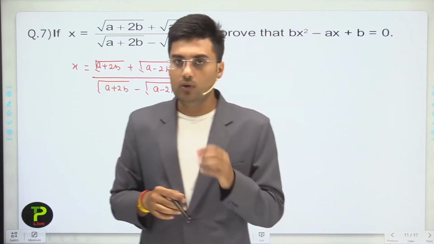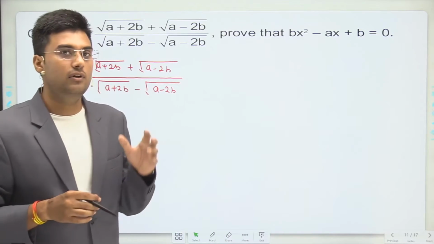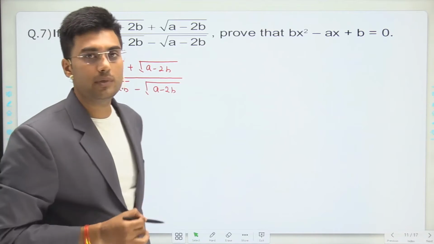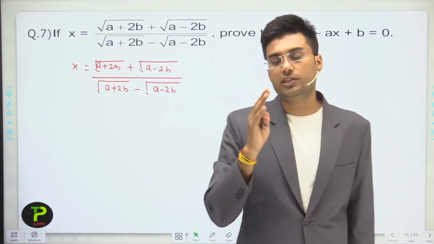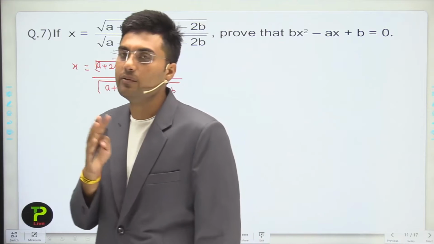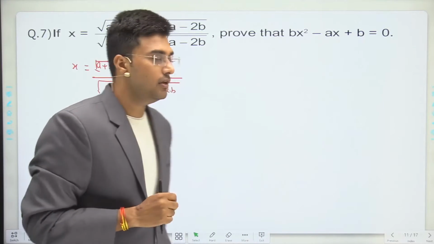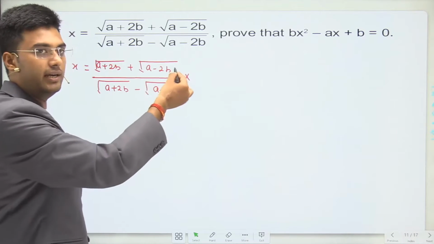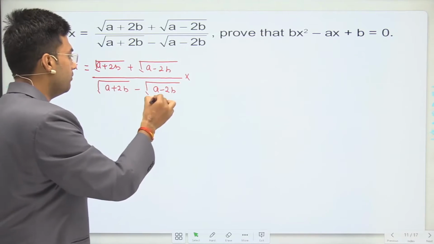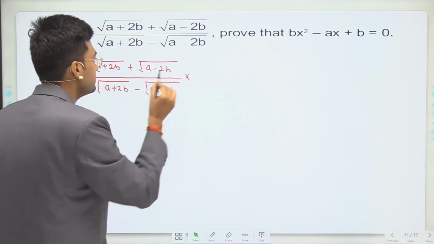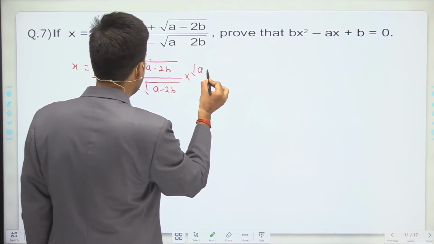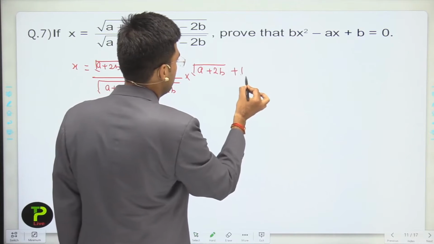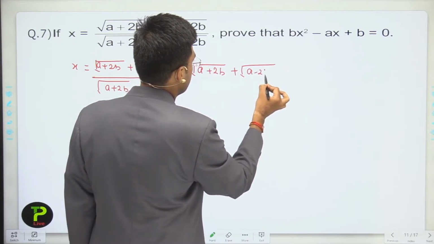What is the rationalizing factor of a binomial surd? Because here the denominator is a binomial surd, and we know that the rationalizing factor of a binomial surd is nothing but its conjugate. So we have to multiply numerator and denominator by the conjugate of the denominator, and it is root a plus 2b plus root a minus 2b.